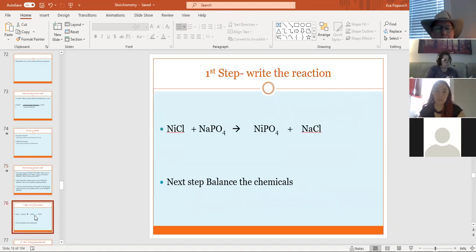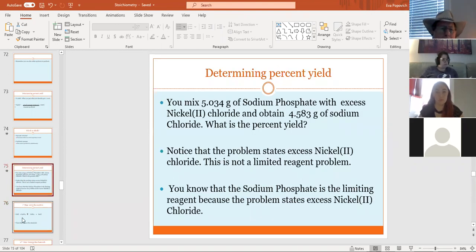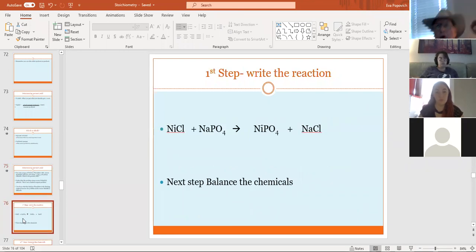So I'm mixing nickel chloride with sodium phosphate. It was nickel(II) chloride. Is the nickel chloride balanced? Somebody balance it. It's not balanced: NiCl2.